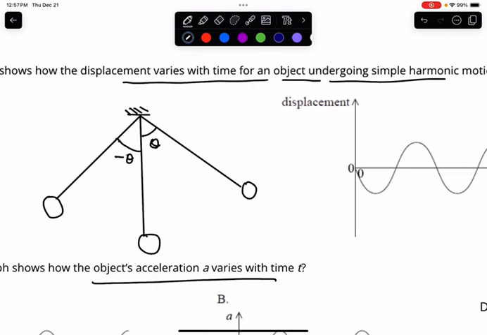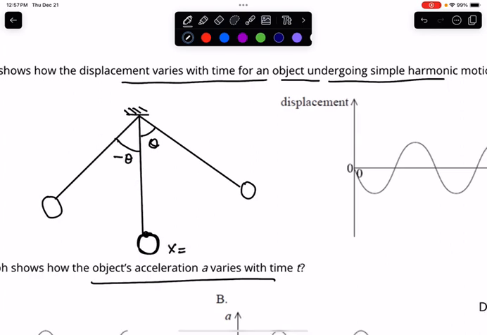In this case, the displacement over here is 0, so we know that at the equilibrium, the value of x is 0. At the positive amplitude, you have the maximum displacement, and at the negative amplitude, you have the negative displacement. So this is like x min.